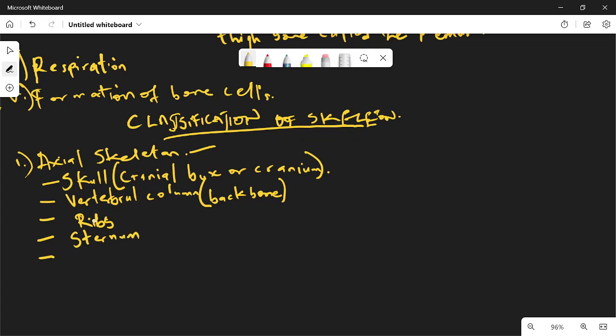The sternum is also called the breastbone. The ribs and the sternum make up the rib cage.